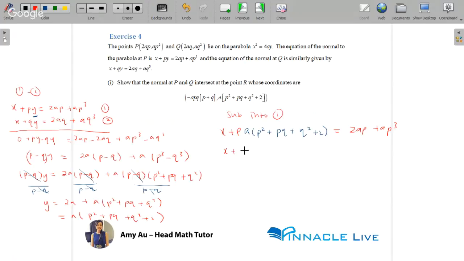All right, expand. Cancel. And then move that to the other side. And then factorize.